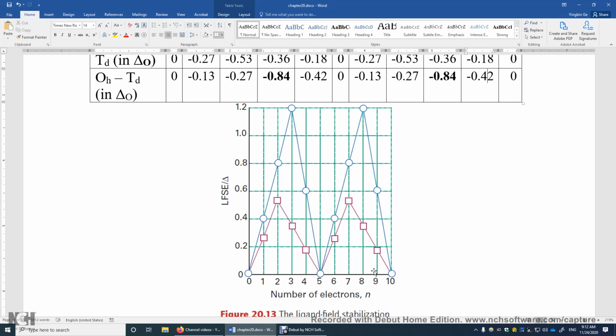So even if it's distorted, it's going to be slightly distorted. The Jahn-Teller effect will reduce the total energy slightly. So I wouldn't put D4 and D9 in the same category. D9, I would say, is much more likely octahedral. D4, I'm not 100% sure.